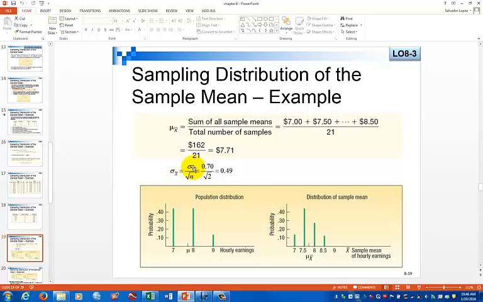It is equal to the standard deviation of the population, 0.70, divided by the square root of n, the sample size, and you get 0.49. 0.49 is much lower than 0.70. 0.70 is the standard deviation of the population. 0.49 is the standard deviation of the sample means. So the distribution of sample means is narrower around the mean.